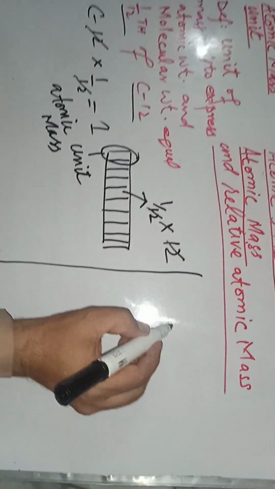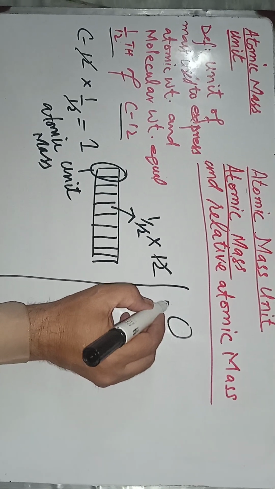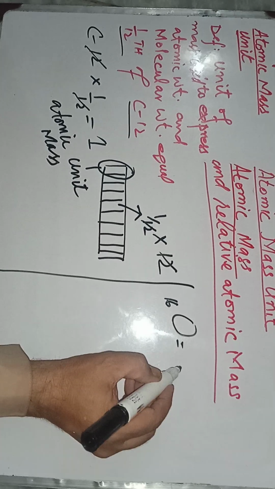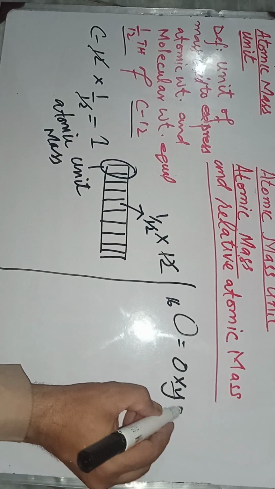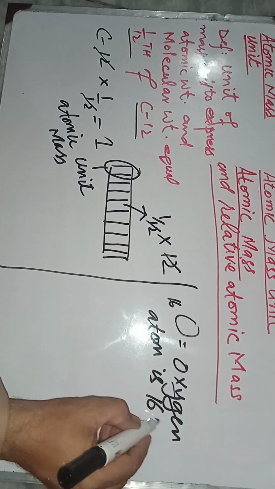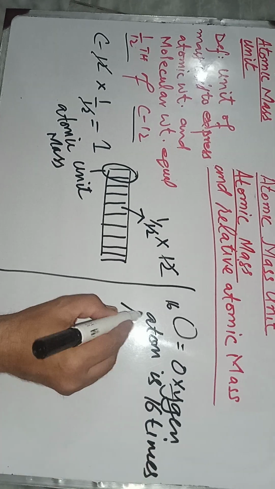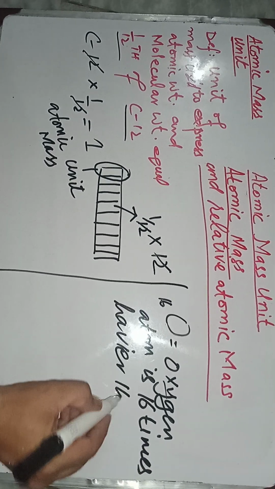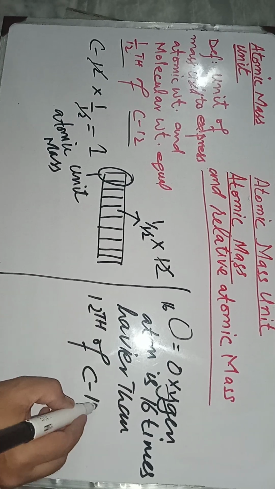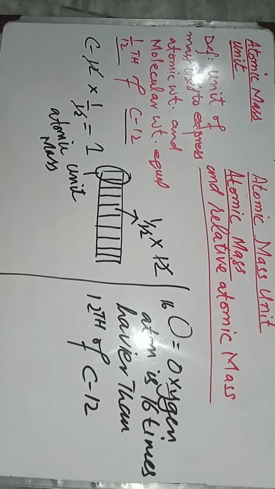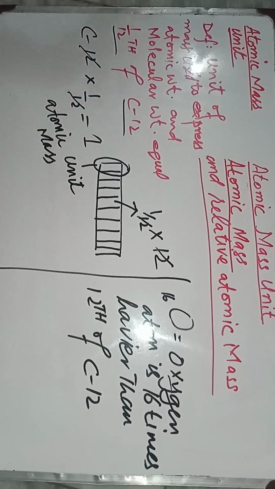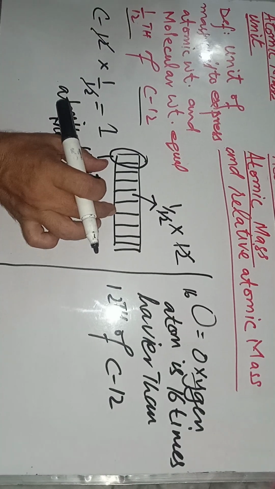For example, if I say oxygen is 16, it means that the oxygen atom is 16 times heavier than the 12th of carbon 12. Sometimes the students get confused over here. Don't be confused. This is the single unit.